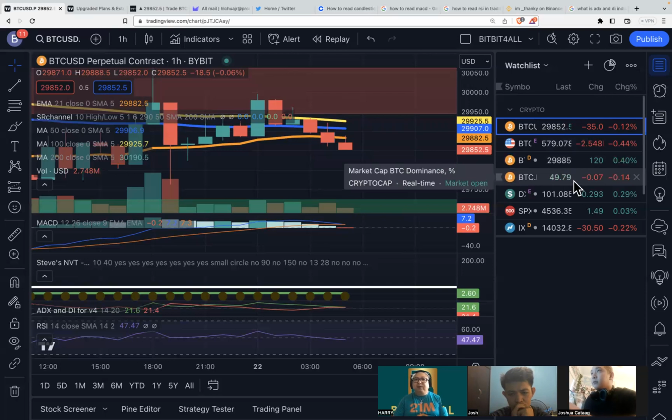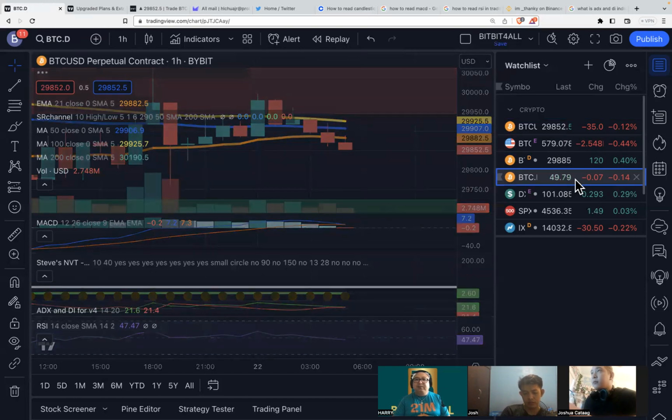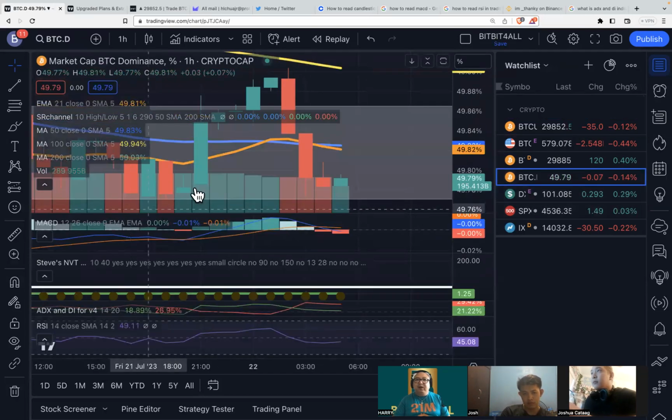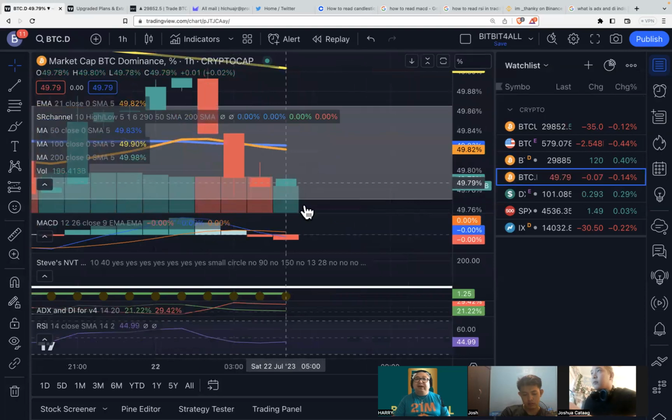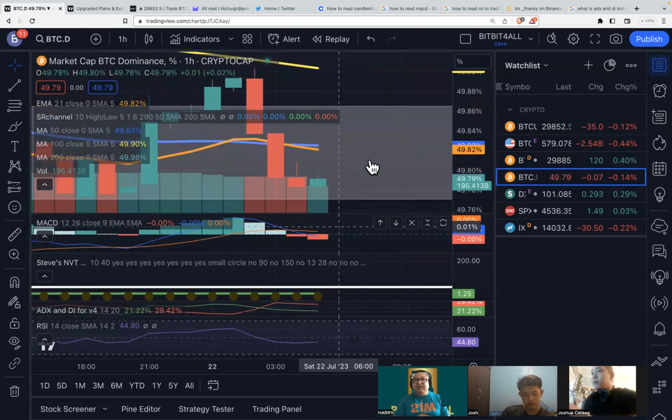Tapos market dominance, itong market dominance is Bitcoin compared to the alts, other coins. Okay? So 49.79 ang market dominance. Bakit importante ito? Kasi usually ang Bitcoin ang leading indicator, parang leader of the pack.